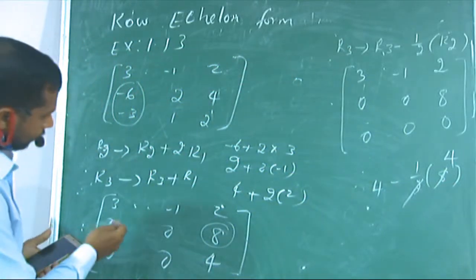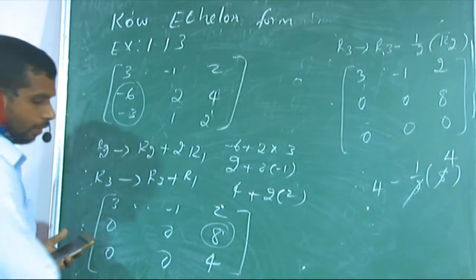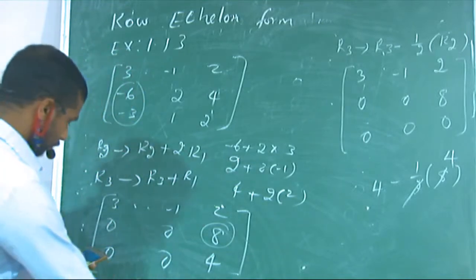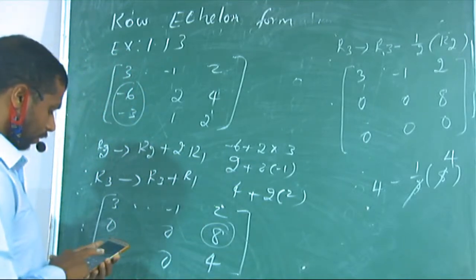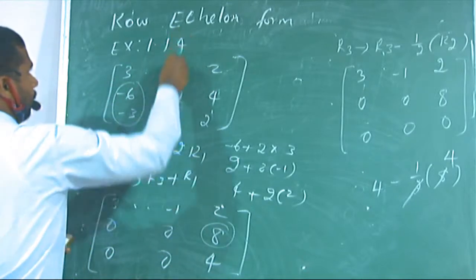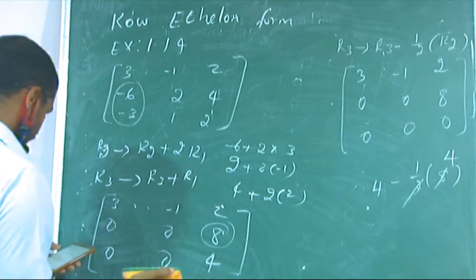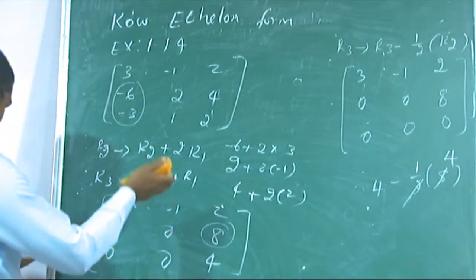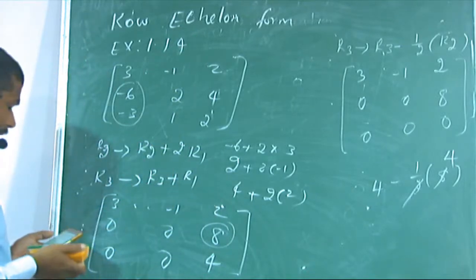Okay, after revising, now I am moving to another question. What is the question actually? Example 1.14. Reduce, same concept, but it is a 3 into 4 matrix.